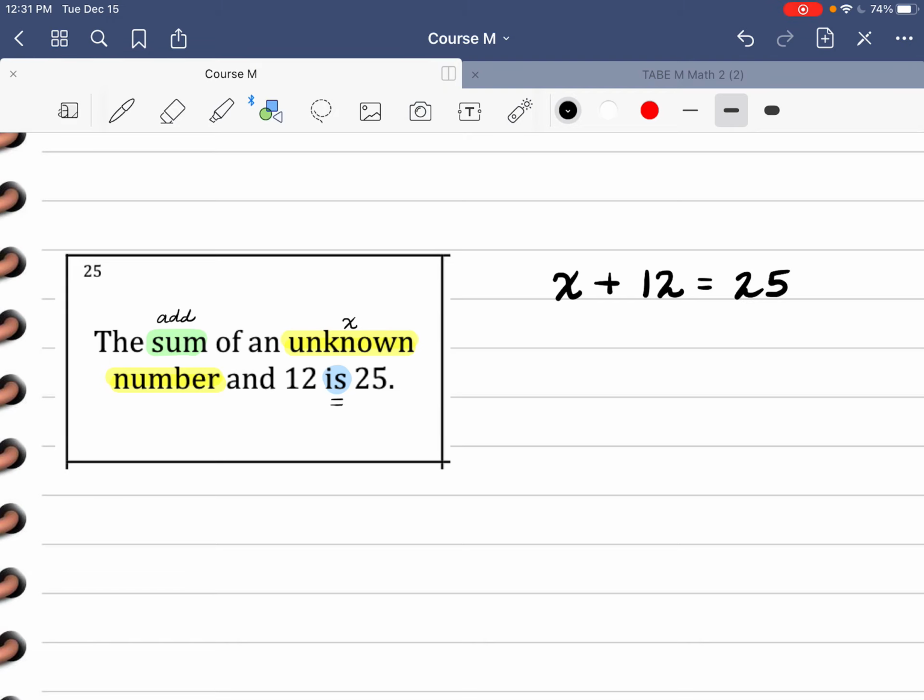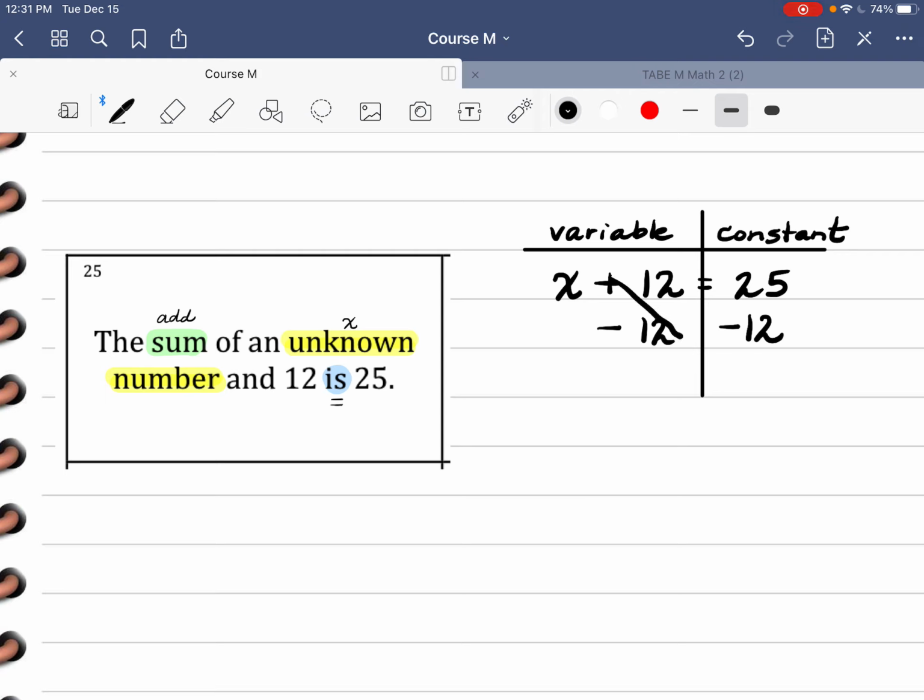And we're going to solve these. So we draw the power T. This is a one-step addition problem. The tough part here is setting it up. So we'll subtract 12 from both sides, cancel, copy, x is 13.